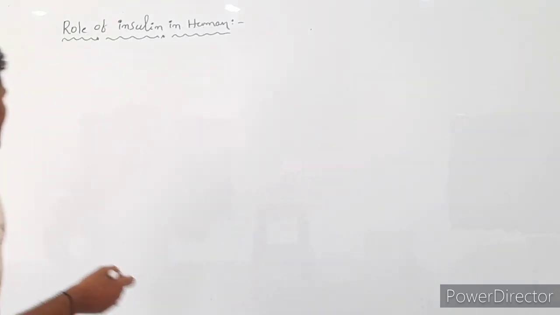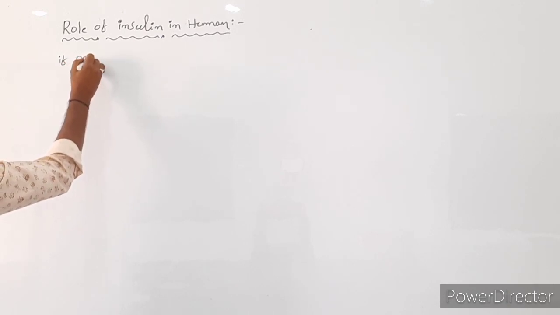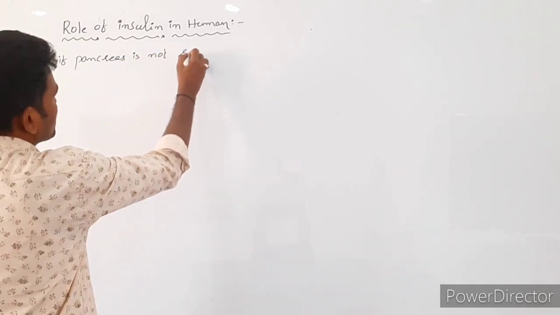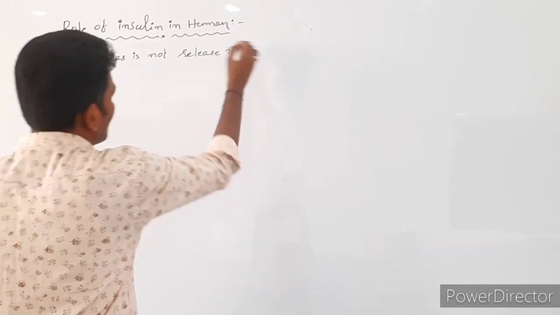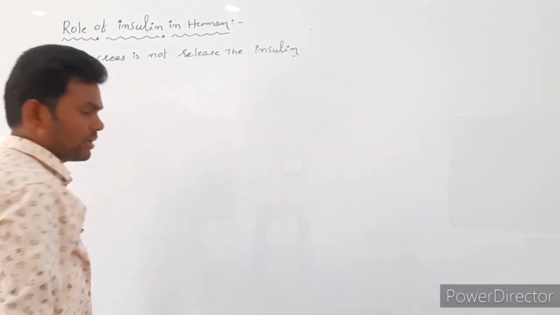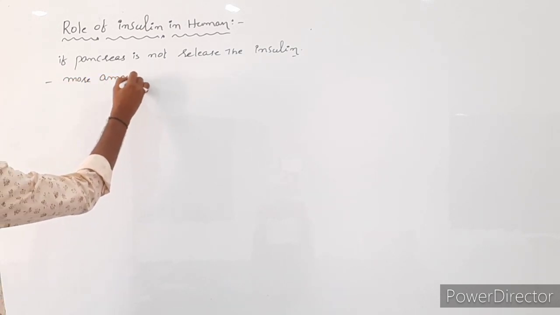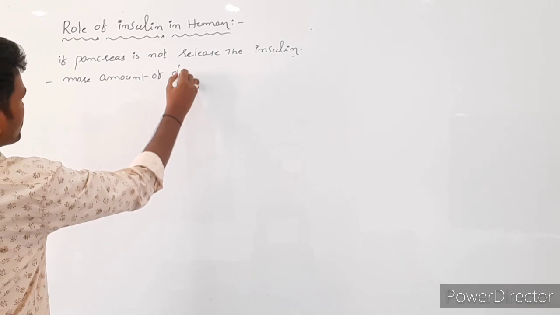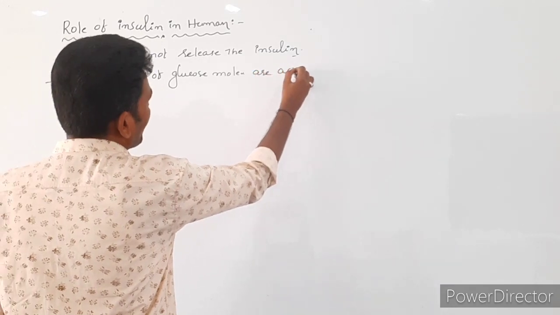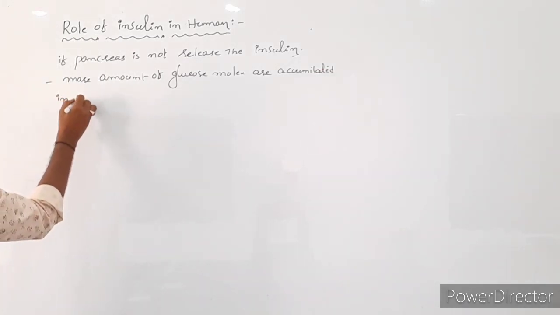Let's write here: if the pancreas does not release the insulin, or a sufficient amount of insulin is not released, then what happens? More glucose molecules are accumulated in the blood.